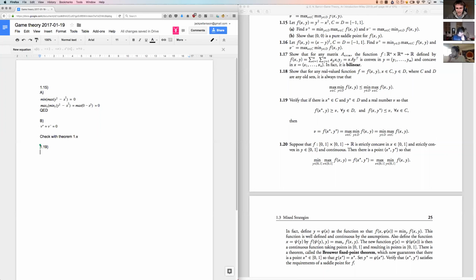I actually wrote the problem down, but then just drew a line and continued on with the book. Yeah, that might have been a smart move. Verify that. Yeah, that is a difficult one.